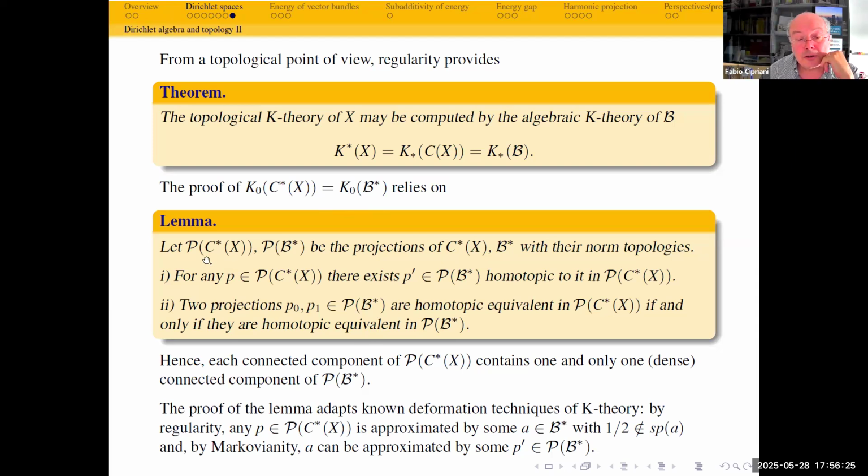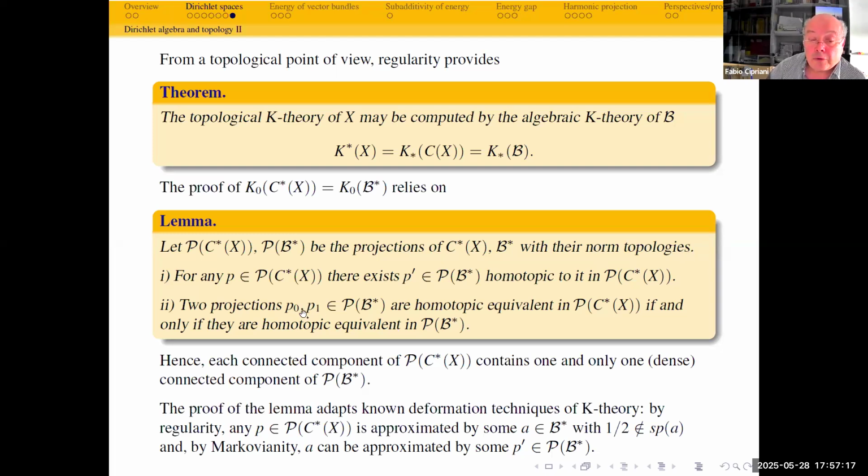If we denote by P*(X) and P(B*) the projections in the C-star algebra and in the Dirichlet algebra with their norm topologies, then if we pick up a continuous projection, there exists a finite energy projection here, which is homotopic to it, which is a continuous deformation of P in between, in the closed set of projections on C*(X).